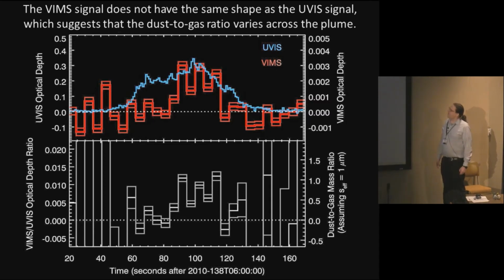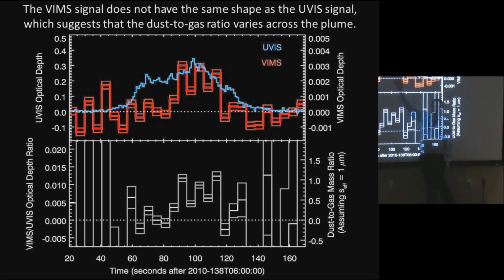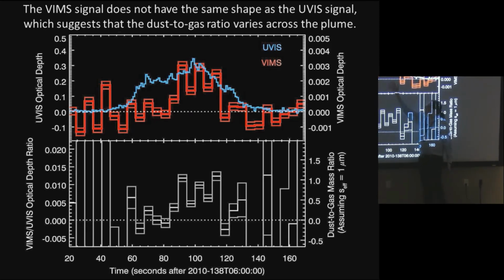Now, what causes that? Well, we already heard there's 2 different ways to explain this. One is it's a trend with altitude. The other is it's a trend with horizontal position. Altitude makes sense. We've already heard the particles are launched at different speeds than the gas. The particles are launched slowly, most of them.